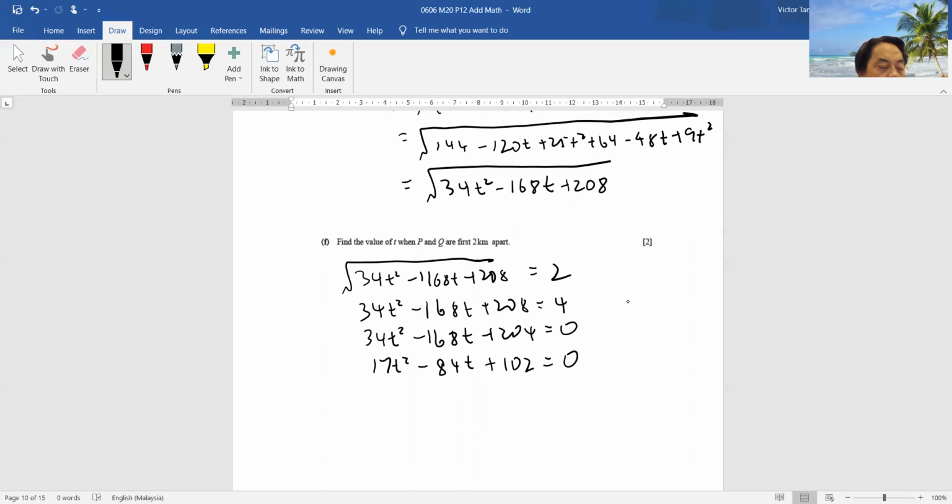Finding the solution, you can always use the calculator to help you.